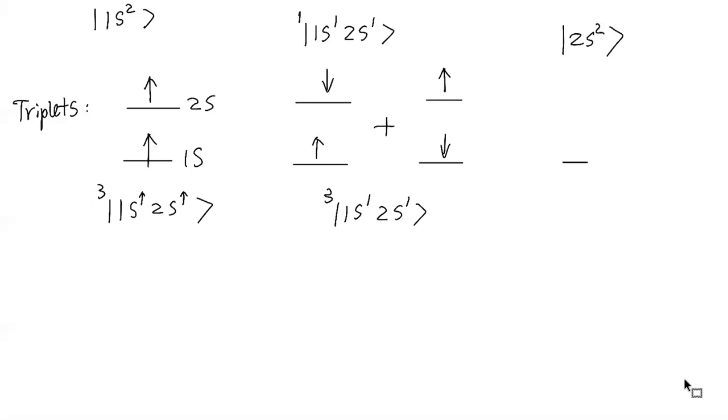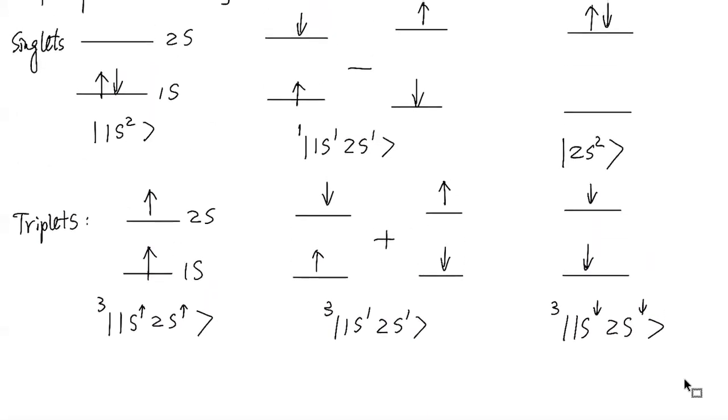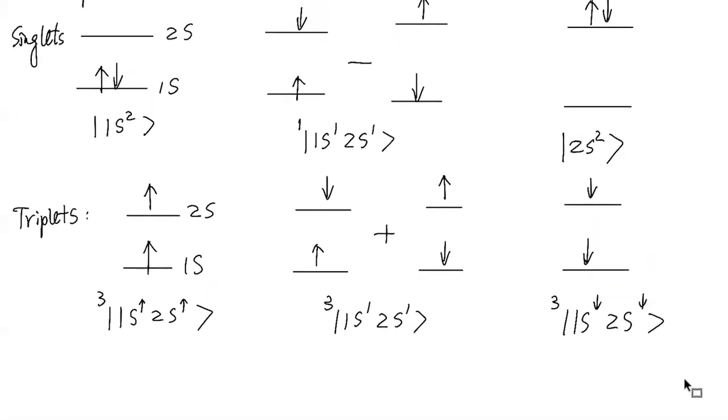Of course, we can have 2 beta electrons, right? So 1s beta, 2s beta. This is also a triplet. Now, we have all of these possible configurations. The question that we want to ask is, what is the order of the energies for these determinants?